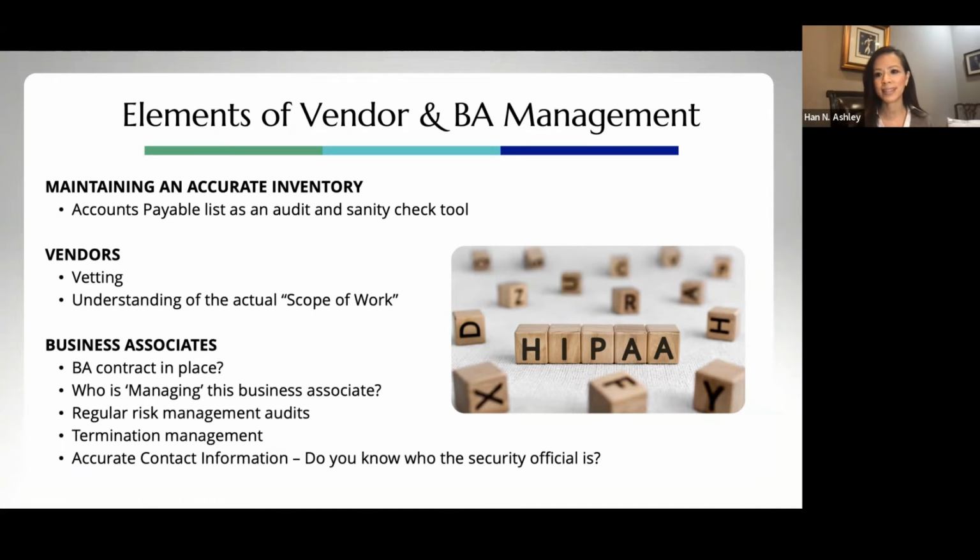Are you familiar with these vendors? Have you vetted them? We like to see that there's some sort of process there. And if you've identified this vendor as touching your PHI, is there a business associate's contract in place? And who is actually managing this business associate?